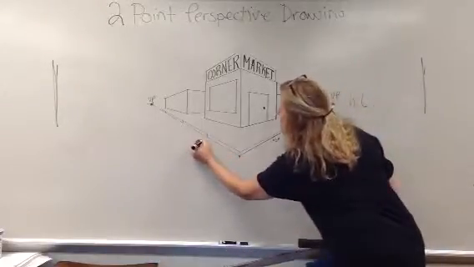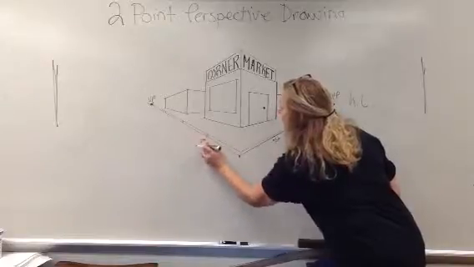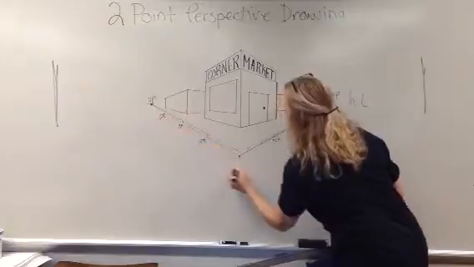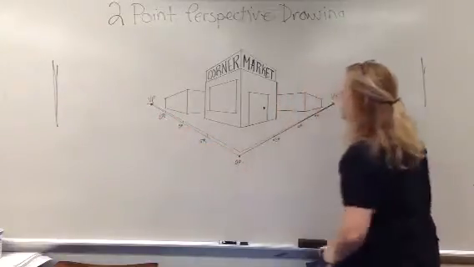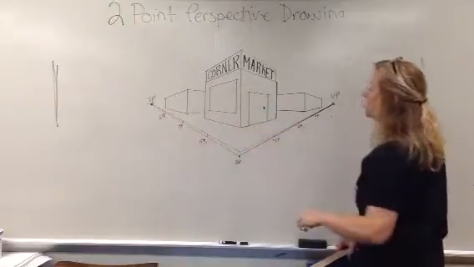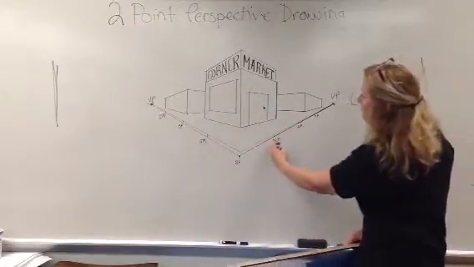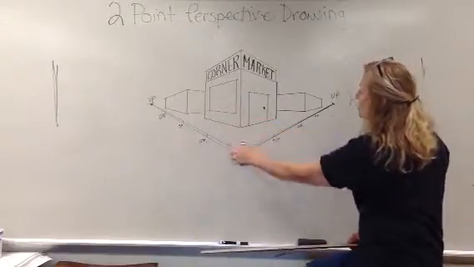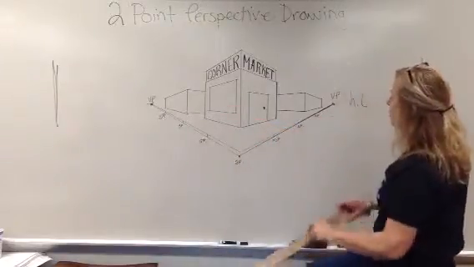Okay, this is a station point. This is a station point, and that is a station point, and this is the one that's in front of us. Okay, so just like with doing the station point for the building, anything to the left of where our station point is uses the left vanishing point. Anything to the right uses the right vanishing point.